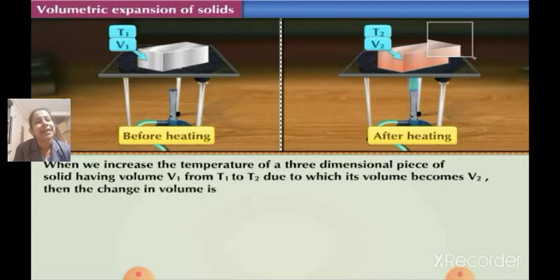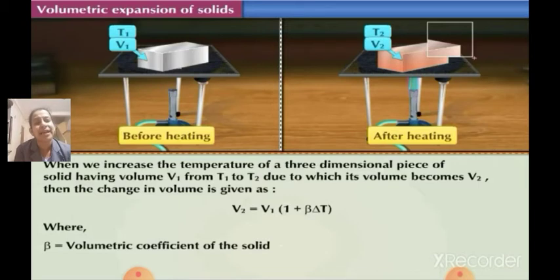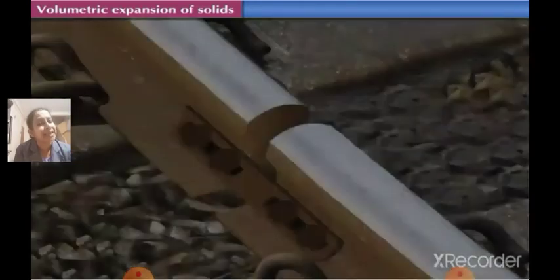Then the change in the volume is given as V2 is equal to V1 into 1 plus beta delta T. Here we are using the symbol beta, where beta is the coefficient of volumetric expansion of the solid, and delta T is the change in the temperature.